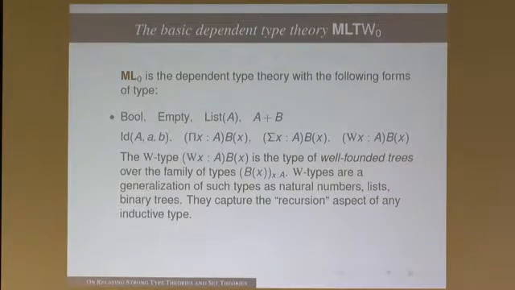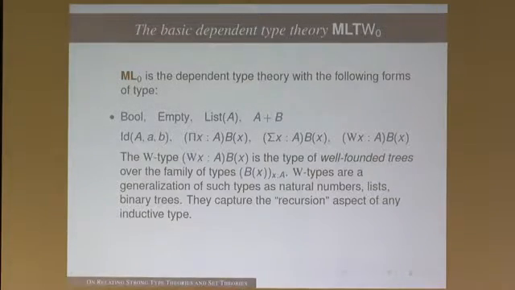And so W types allow you to capture basically all types of recursion that you might be interested in, or say all types of initial algebras. And well, of course you can view these things as set theoretic objects, and this is the usual stuff.